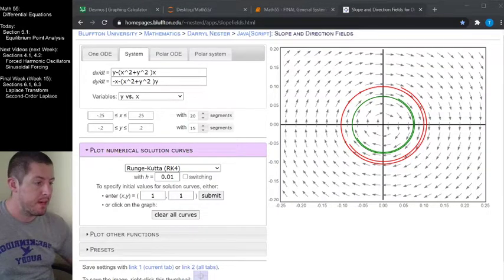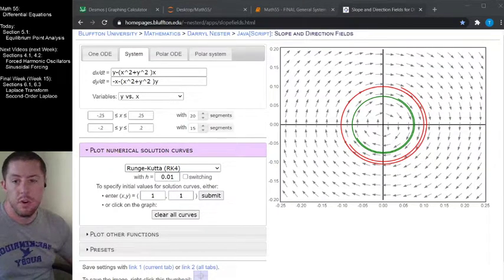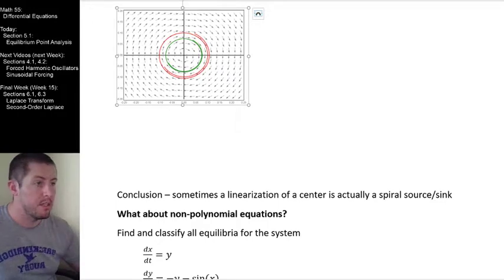So what I'm saying here is I'm not seeing any closed orbit trajectories, even really, really close to zero.